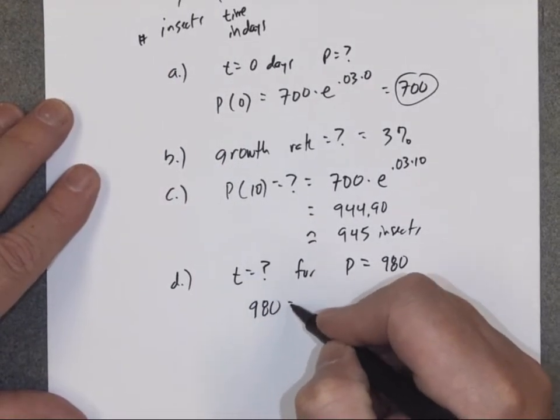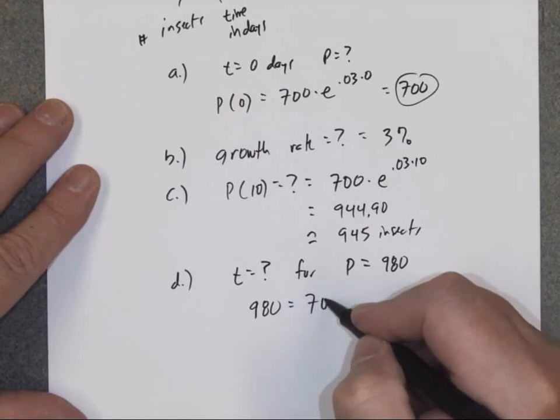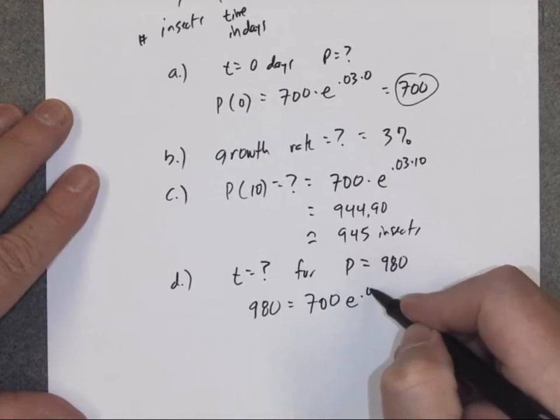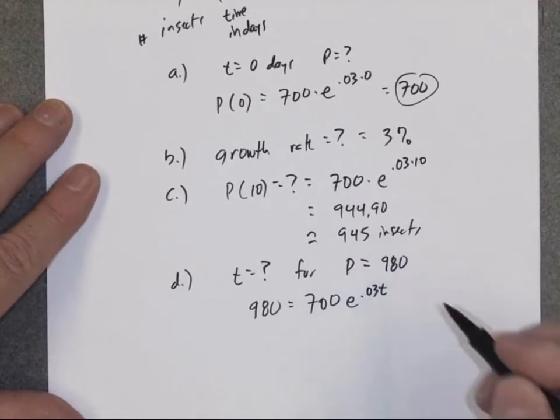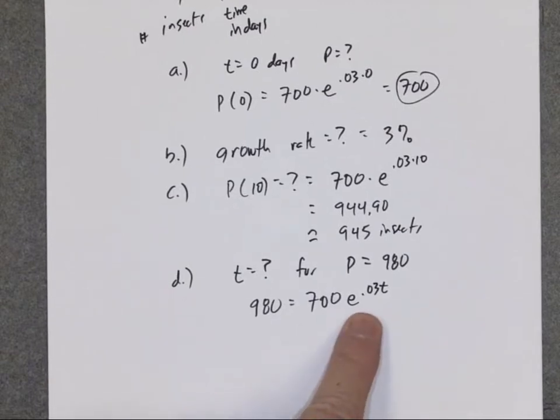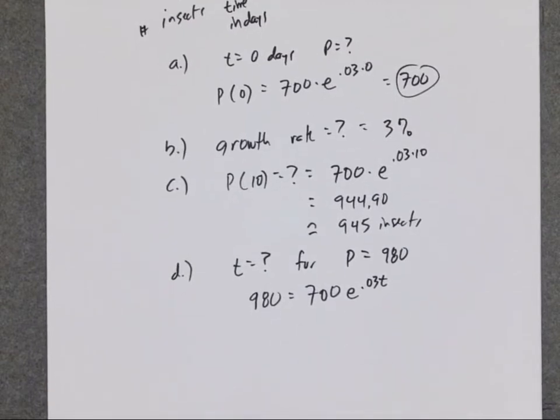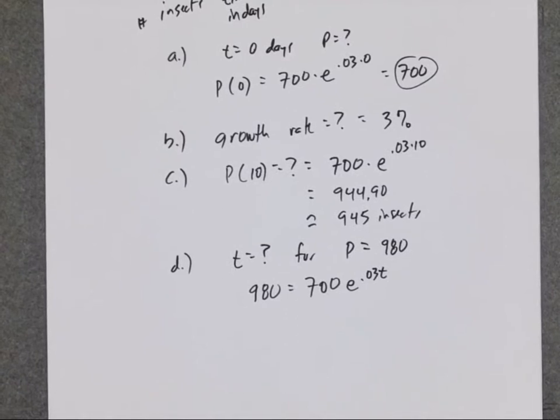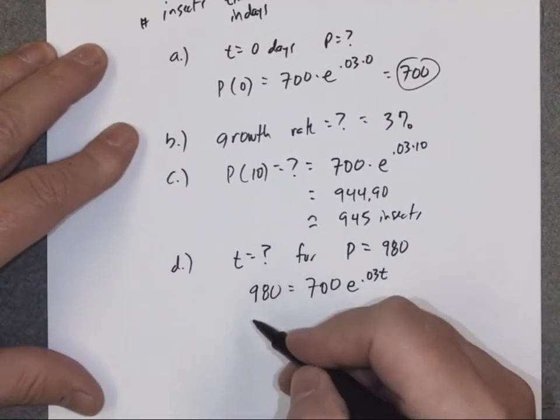Put in 980 for P. Now we're trying to solve for t. This is an exponential equation. I'm going to eventually solve this by using logs, but the first thing you have to do, before you take the log of both sides, is get the exponential by itself. So I'm going to divide both sides by 700.